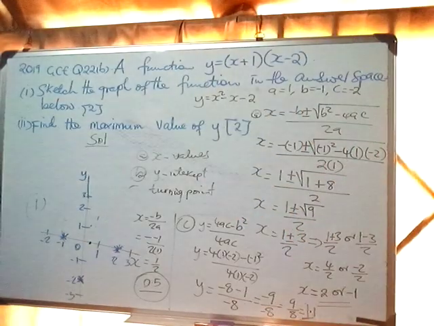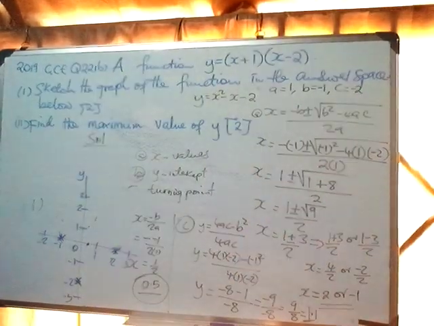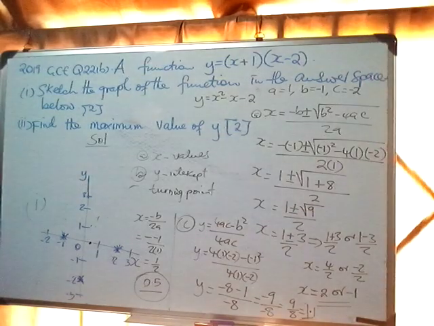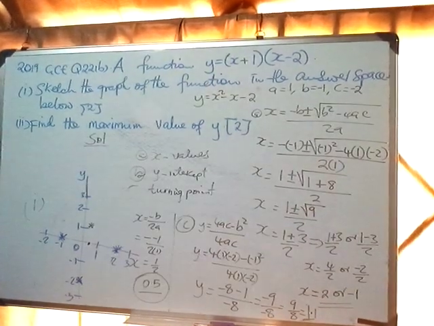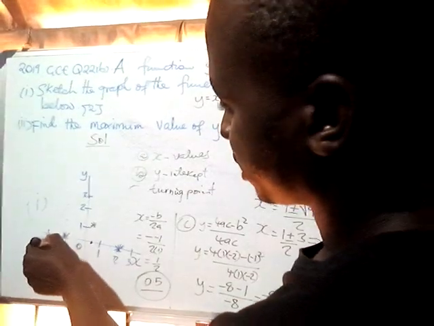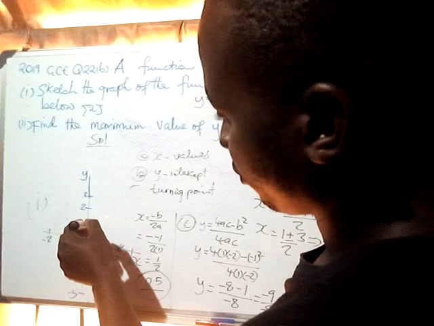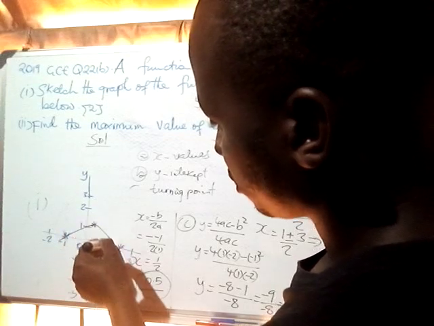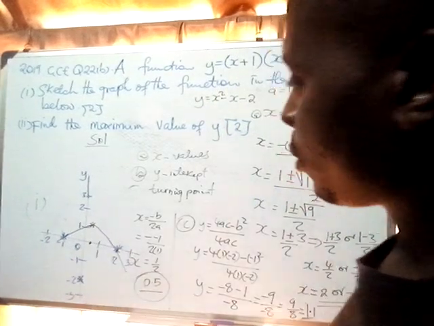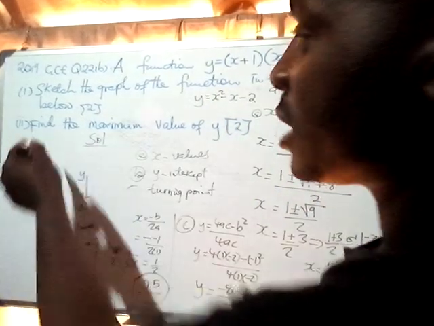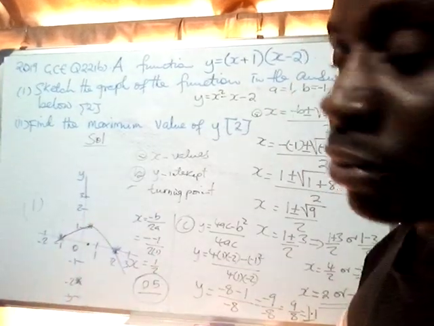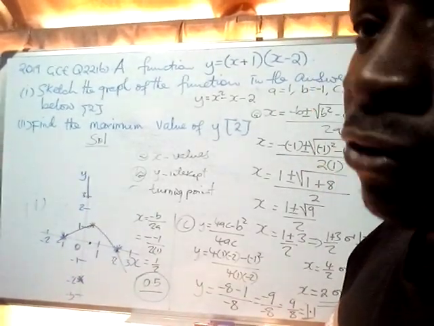Finding the maximum, meaning the graph was like this. Let us see where we have made some errors. So it will be like this. This is the way our graph will be. The reason is because of the question, find the maximum. The maximum is supposed to be on top. Now, what is the maximum value of y?